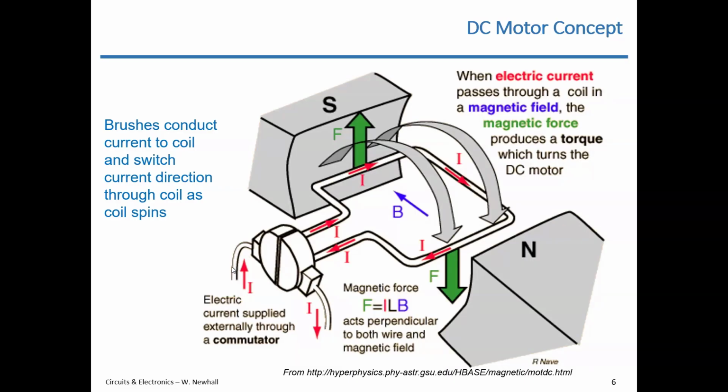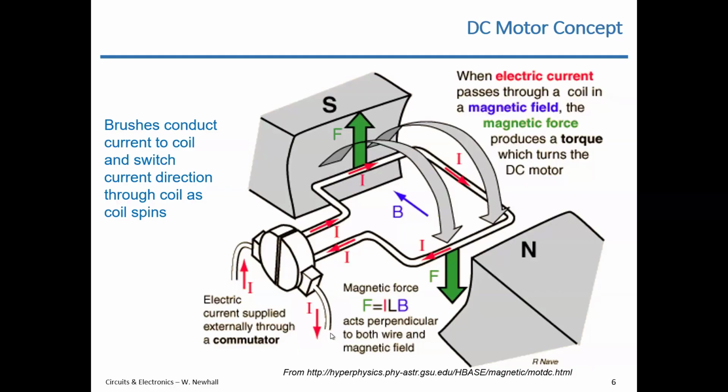And then you apply some current through a couple wires. So current would be conducted like this, up through one of the brushes to half of the commutator, through that loop of wire to the other half of the commutator, to the brush, and back down to the source of that current.